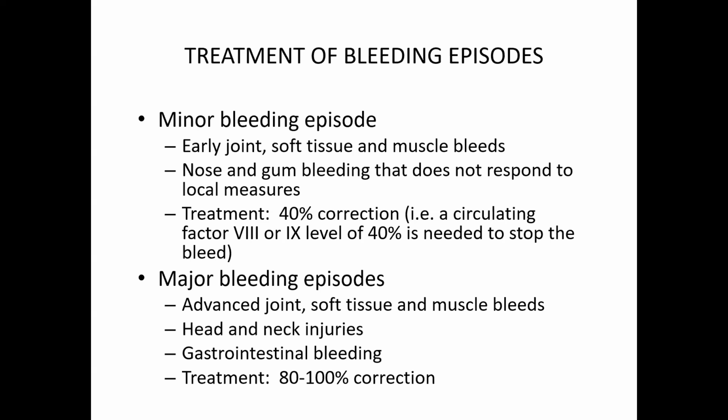For minor bleeds, we aim to achieve at least 40% correction, that is, circulating factor 8 or factor 9 needed to stop that bleeding. For major bleeds, the rule is always to aim for 80 to 100% correction in circulation to stop the bleeding, because major bleeds are always life-threatening and can be fatal.